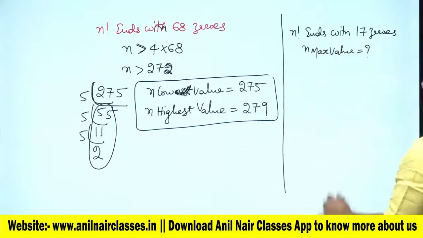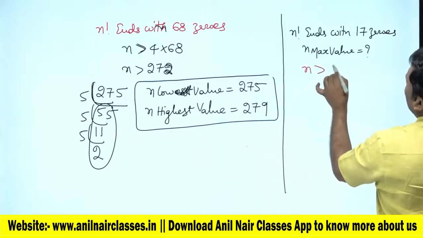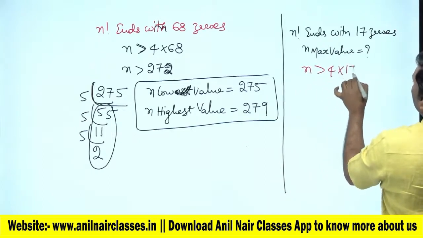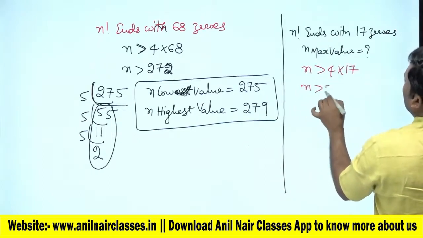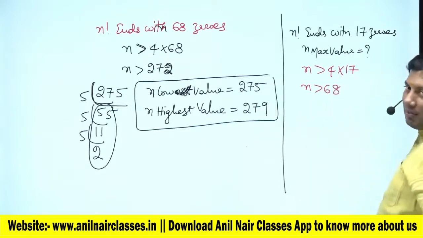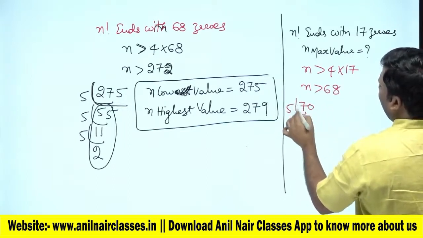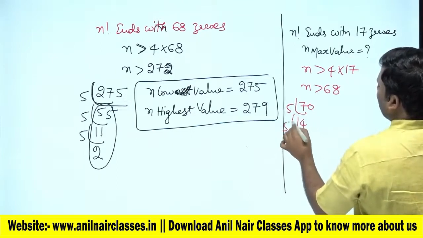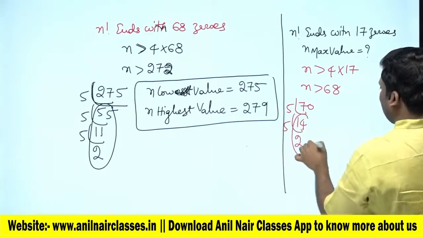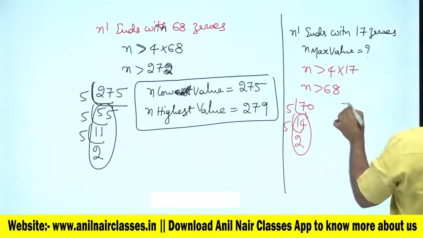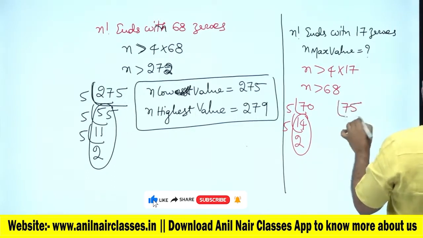What is the maximum value n can take? N is greater than 4x. That means n is greater than 68. What is the multiple of 5 greater than 68? 70. So 5 14s are, 5 2s are. 14 plus 2 is 16. I want 17. Take the next multiple.